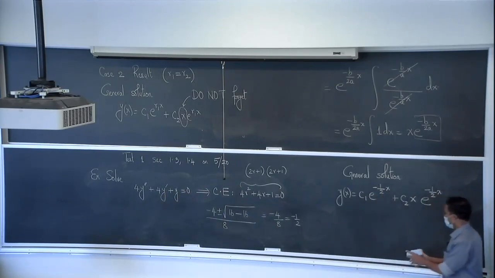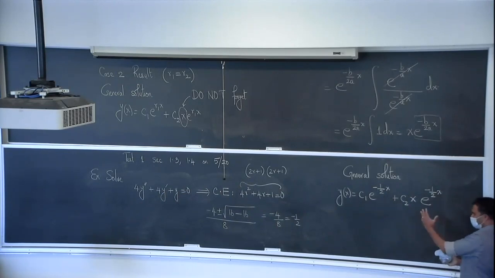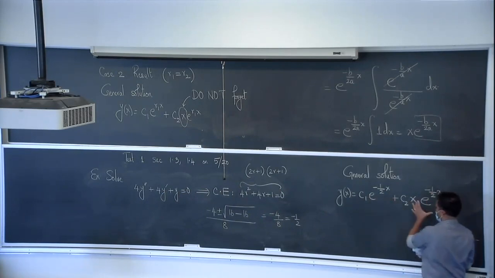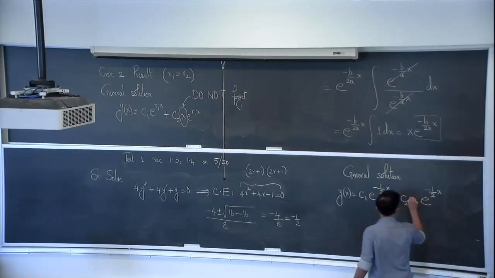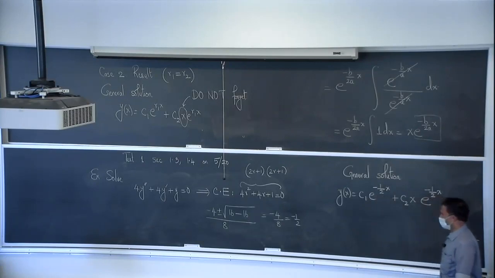Throughout chapter 2, whenever you write a general solution, make sure that you're writing linearly independent terms. Please don't just take one term and multiply it with a number and write more terms. That's not going to help us.